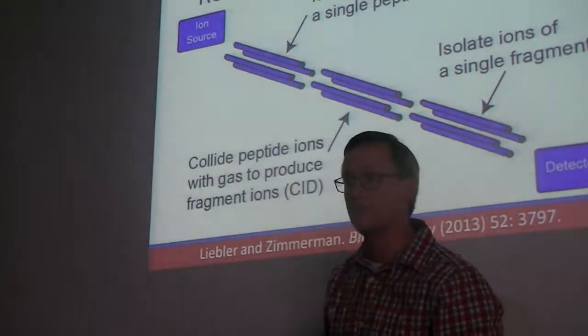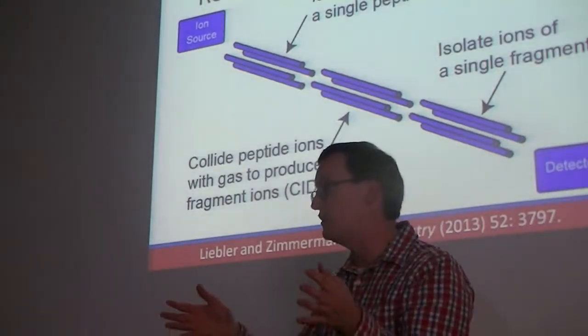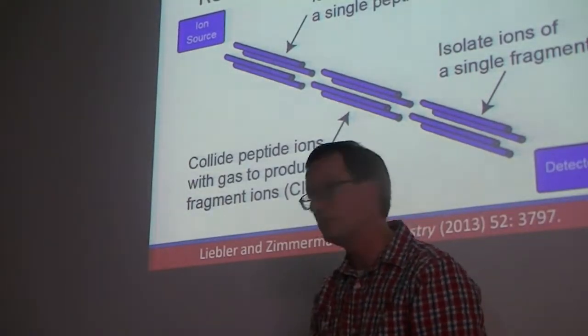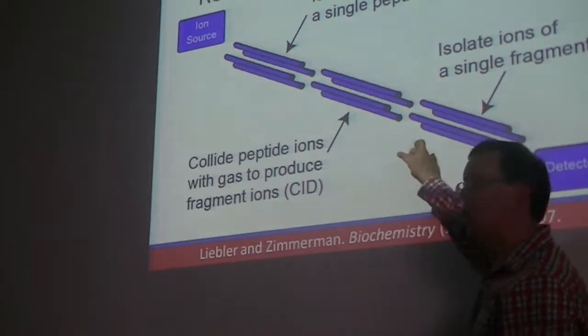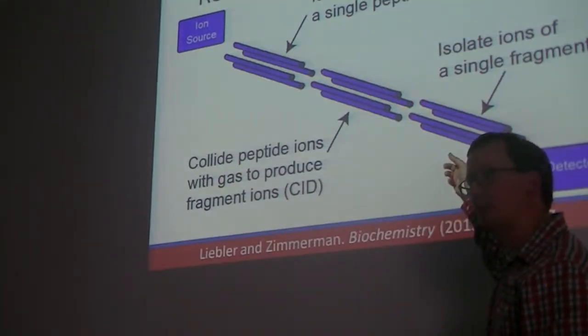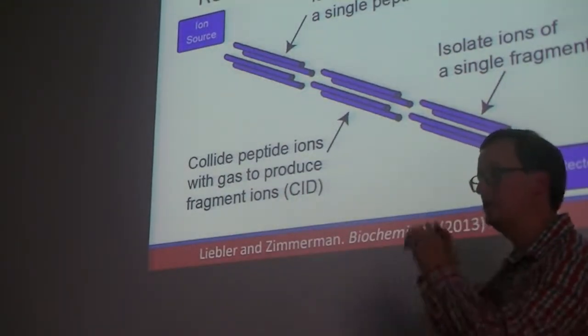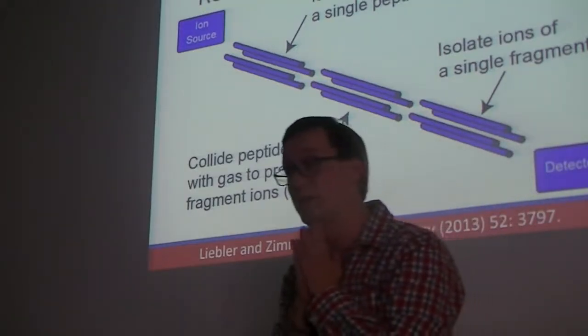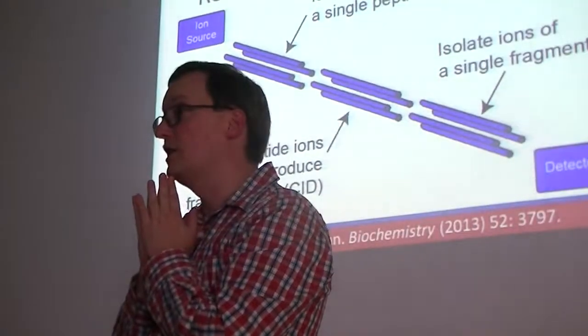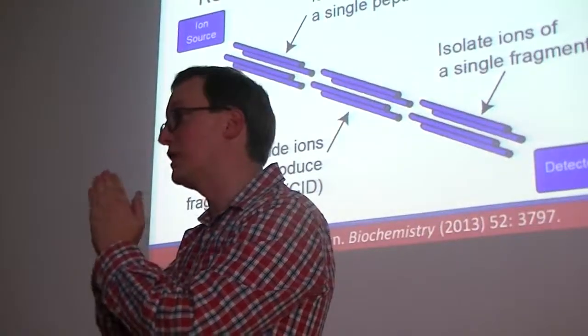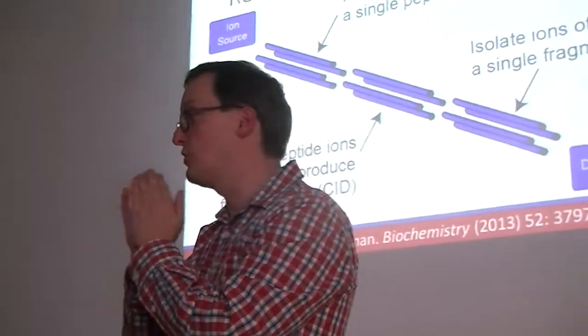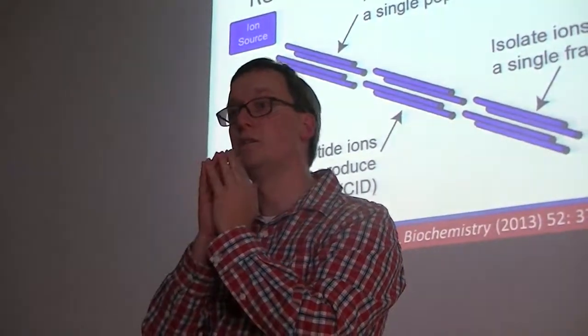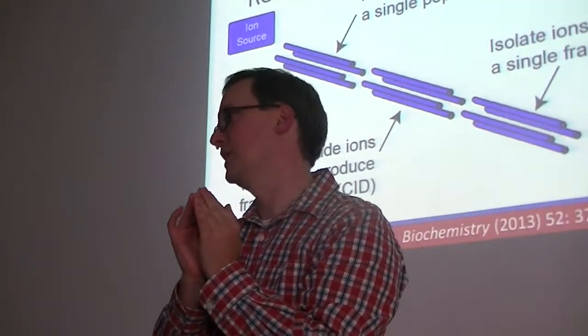Next, you have a collision cell. This is how we break apart these peptide ions to produce fragments. And then only one of these fragments is going to be allowed to pass. Only one m over z value of fragment will be allowed to pass. So in effect, Q1 is screening out anything but our peptide of interest. Q3 is filtering out anything but the transition of interest.